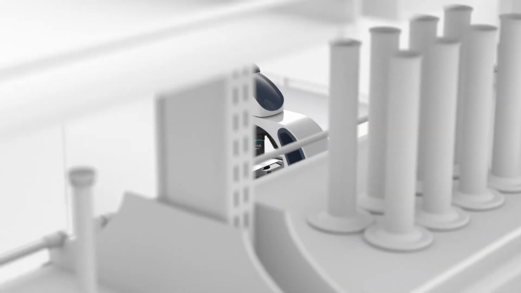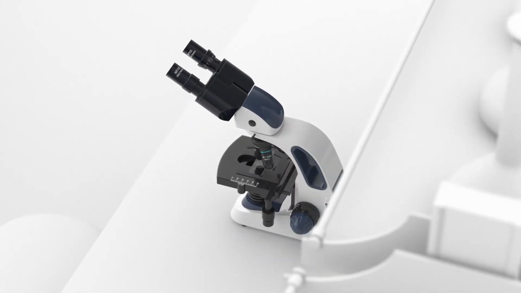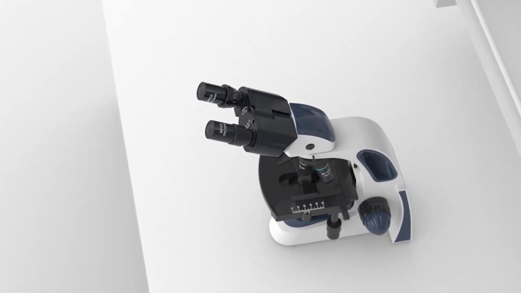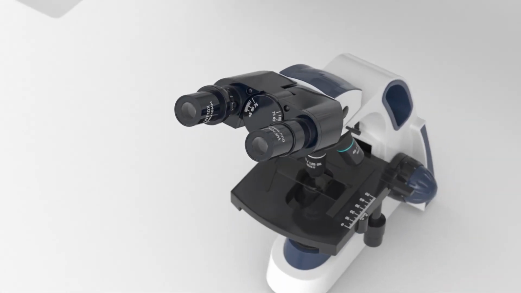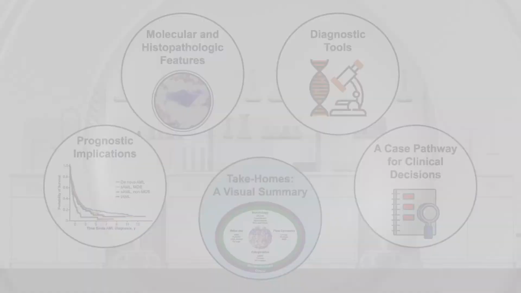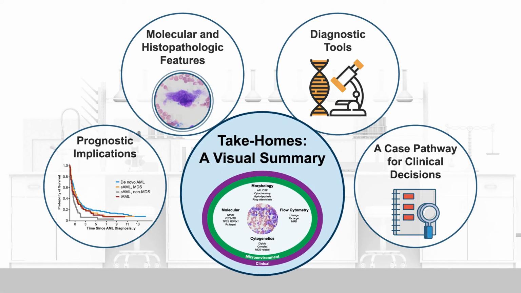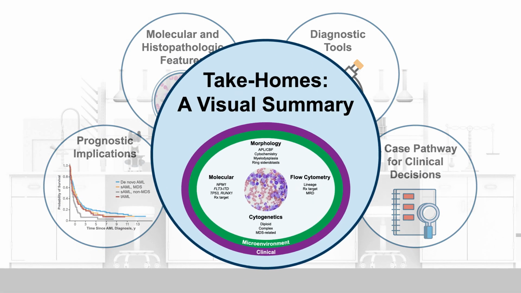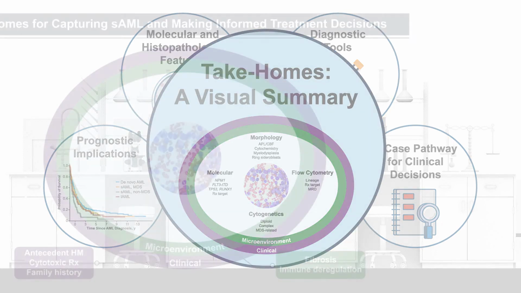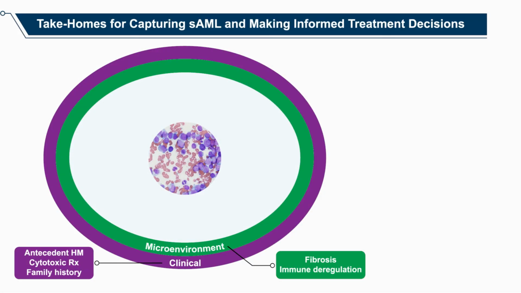We're almost done with our diagnostic journey, but before we conclude, let's put everything together and synthesize how a comprehensive assessment can help pathologists and hemato-oncologists collaborate when managing patients with this challenging AML subtype. So as we said, we have various tools in our diagnostic armamentarium. This includes morphology or morphologic assessment to assess for dysplasia.